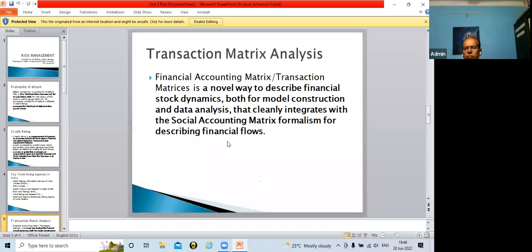So whenever we construct any model, a mathematical model or maybe a data analysis model, that cleanly integrates with social accounting metrics formalism for describing financial flows. So you need to develop the matrix of that particular financial flow.